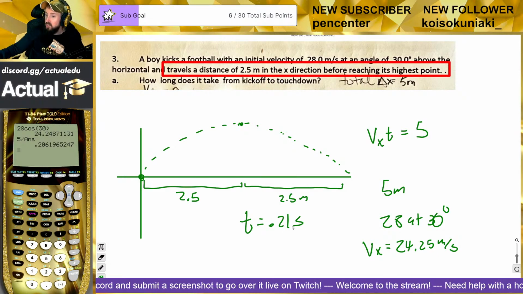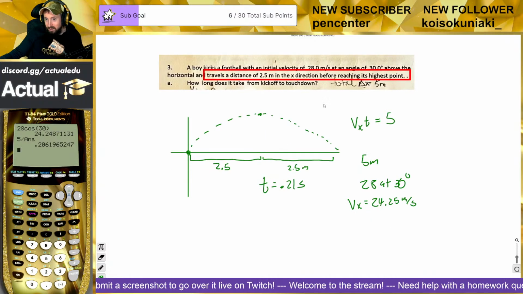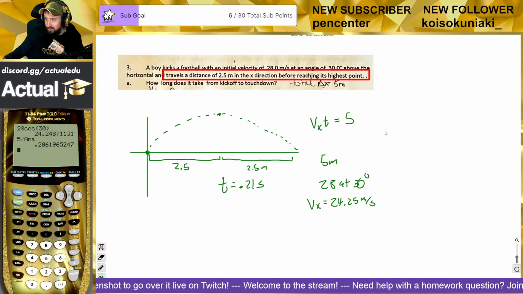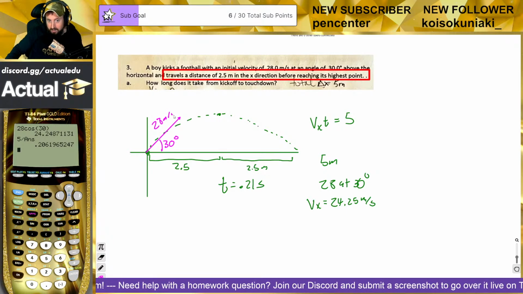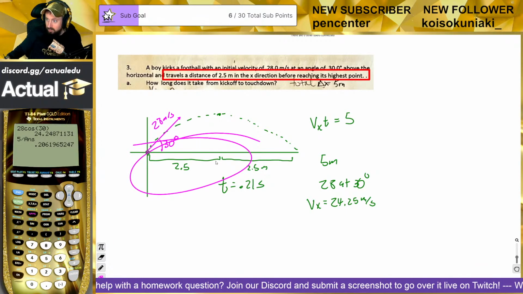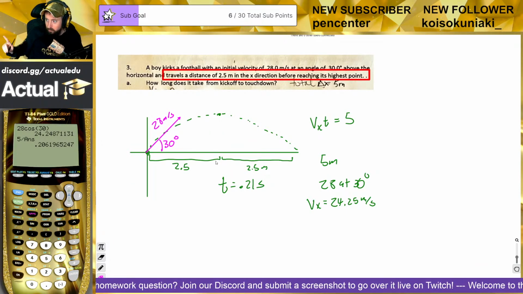And I think that's the answer the teacher wanted you to get. However, if you were to actually do this problem on regular Earth, if this is traveling at 30 degrees and 28 meters per second, it does not travel 2.5 meters in the horizontal direction before it hits the top. The way to figure that out is to say that the velocity in the y direction has to be 0 at the top.